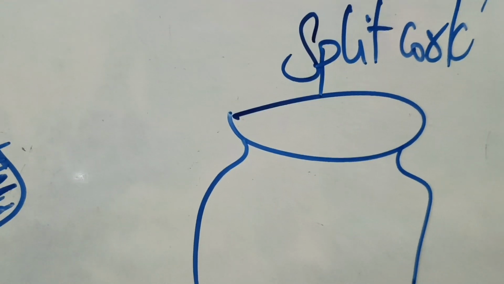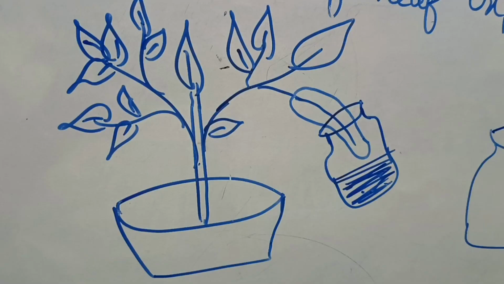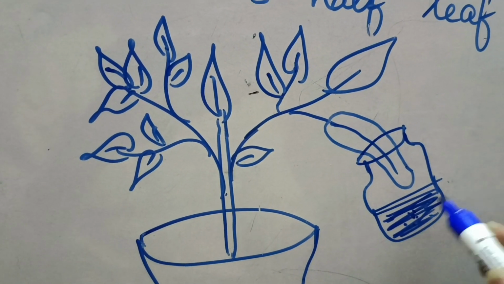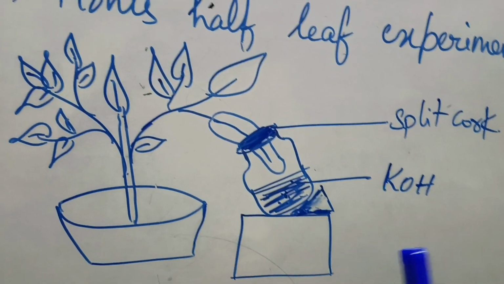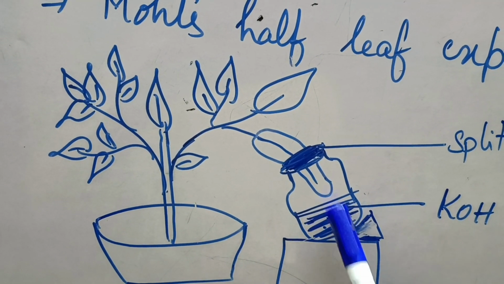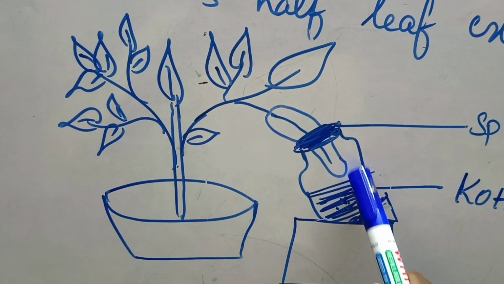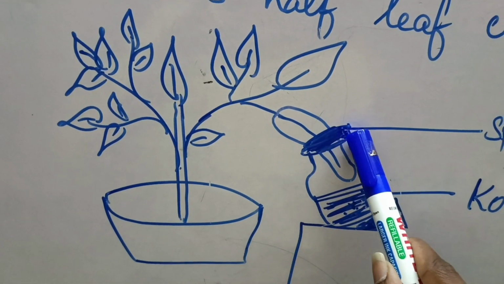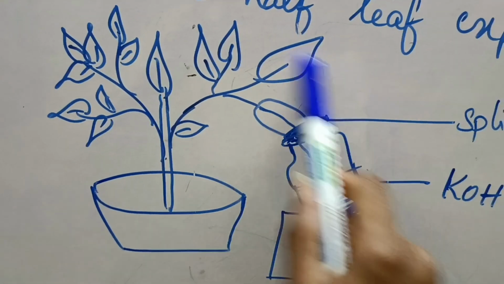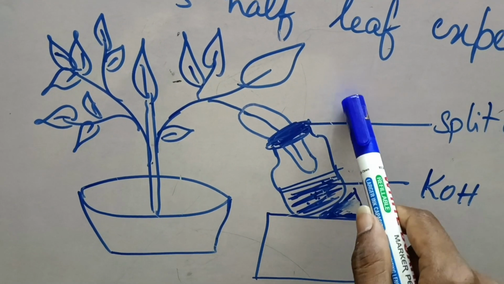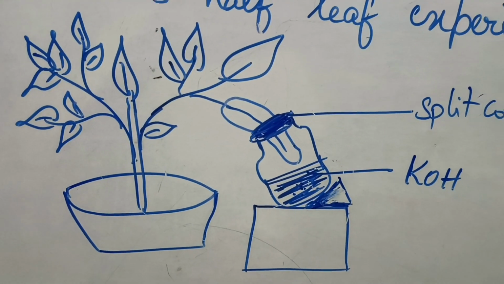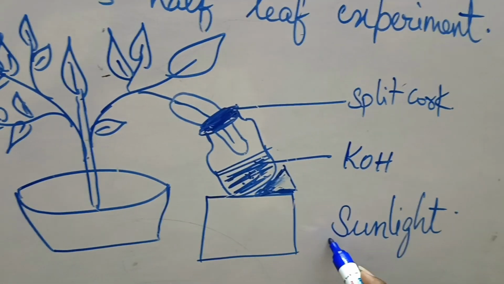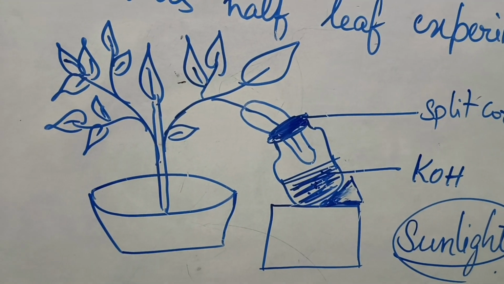After that, take a wide mouthed bottle and a split cork. Arrange it in such a way that half of the leaf is inserted into that glass jar. One thing we have to do is add the KOH beforehand, and then close it with the split cork, and then insert half of the leaf in the jar, and with the help of a stand arrange that jar to stand with the leaf, and keep this apparatus in the sunlight.